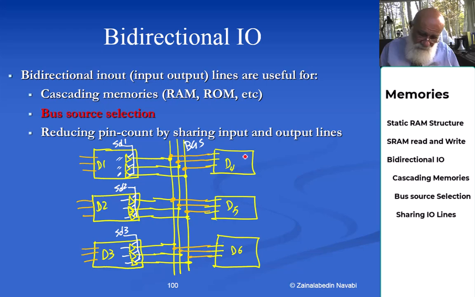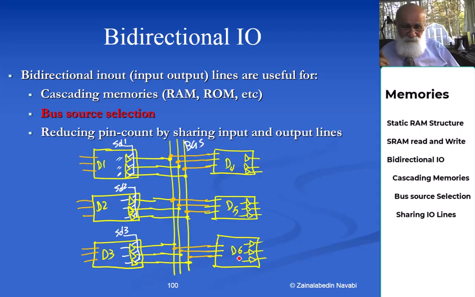We would also need, again, tri-states for getting connected to the bus. Okay. Well, the problem with this is that each device requires in here 3 lines, but in reality maybe 32 lines, 64 lines for output, another 64 lines for input.